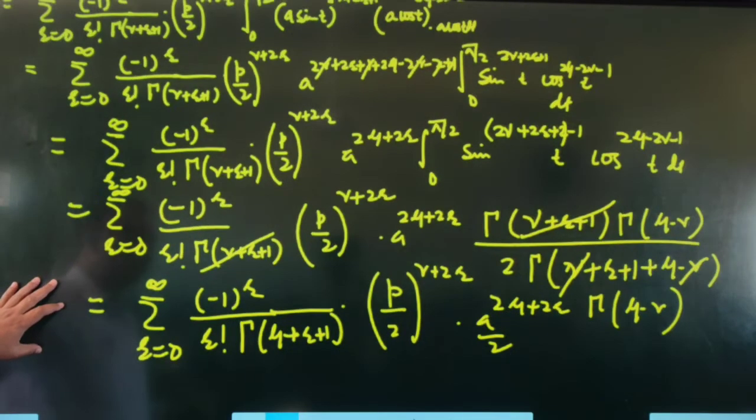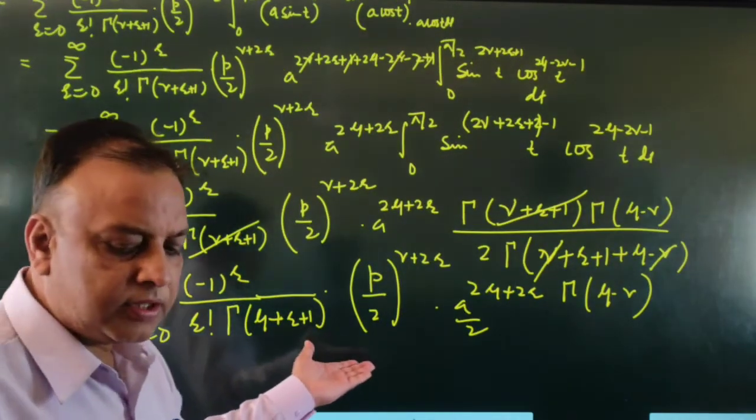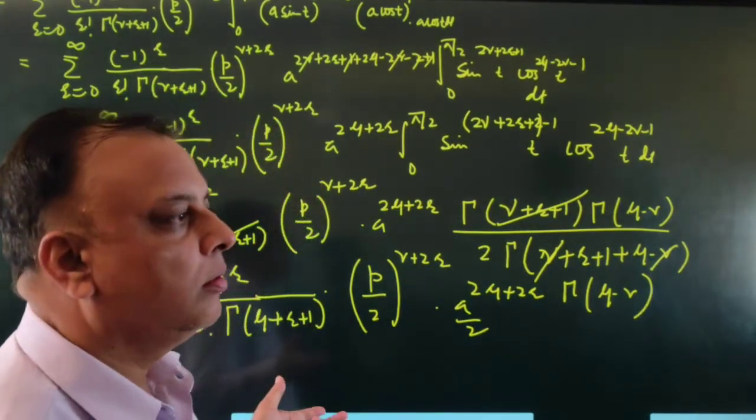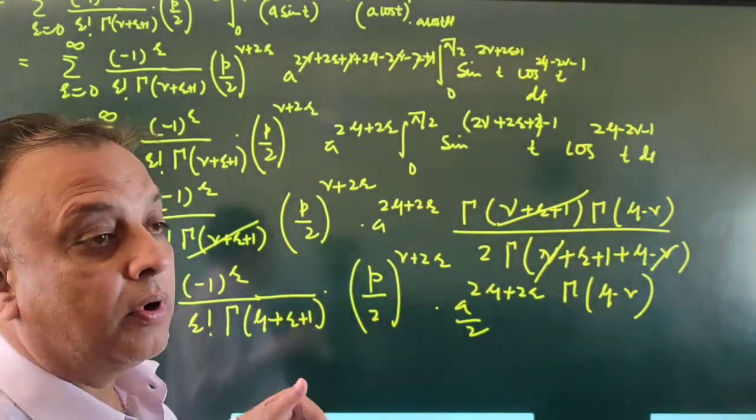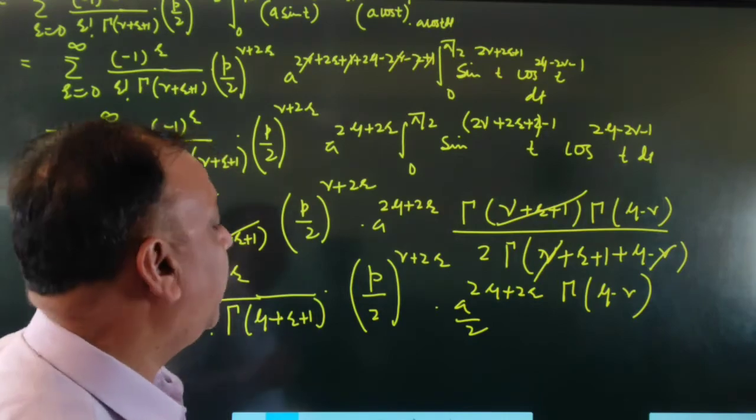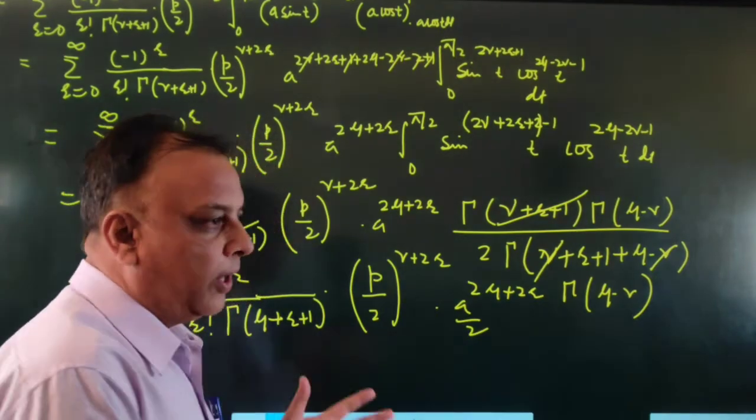Now this is the result. Now in order to reduce this equation in the form in which the result is required, we have to manipulate something.